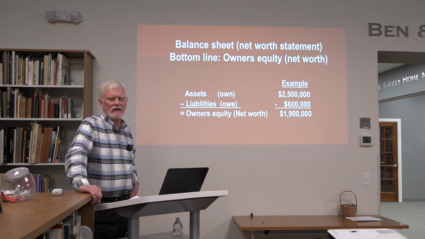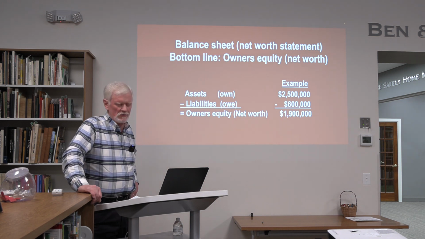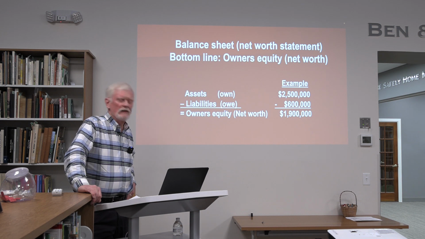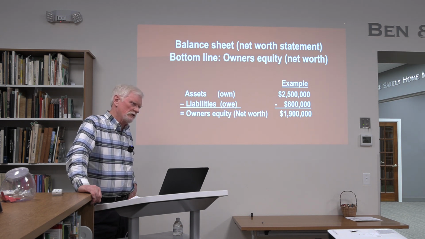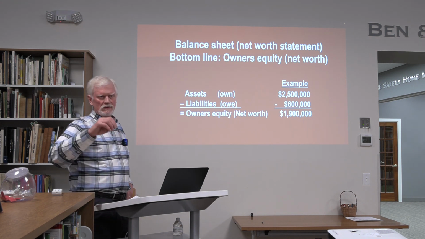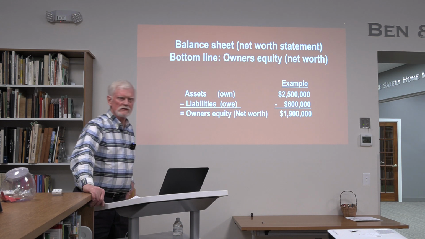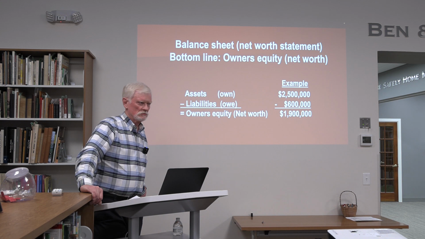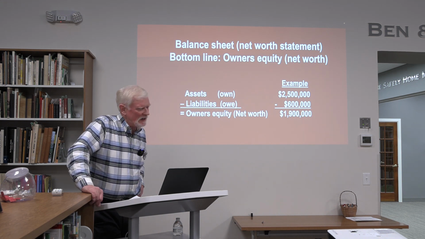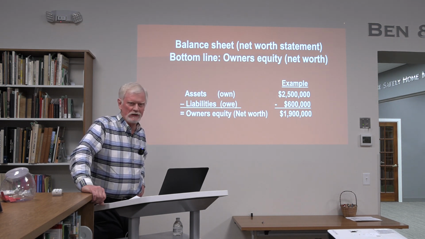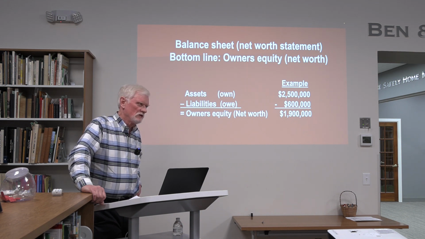And the example here is I've got land, buildings, machinery, some animals, and the value of it is $2.5 million. And then I've got a mortgage on the farm. Maybe I've got an equipment loan or an animal loan, $600,000. So I subtract my liabilities from my assets, and my owner's equity is $1.9 million. Okay, another way to look at that is how wealthy this person is. Wealth. How wealthy are you? This person is $1.9 million wealthy. Any questions so far?